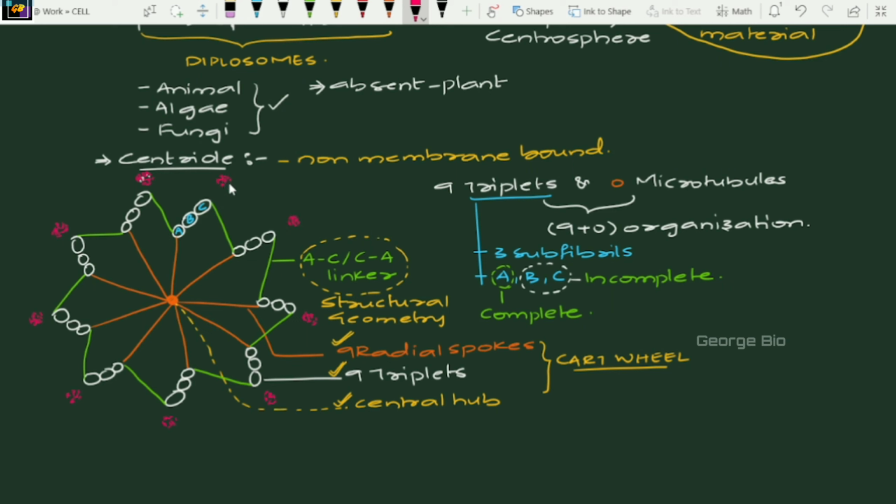So how many maculae are present for every centriole? That is 9, which are present here. So here it is called maculae, or else it is also called pericentriolar material, or else it is also called microtubular satellite.